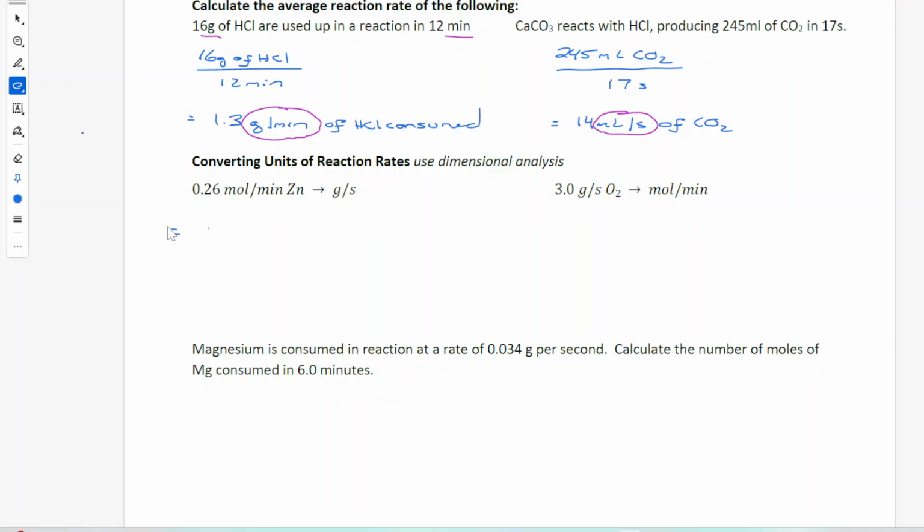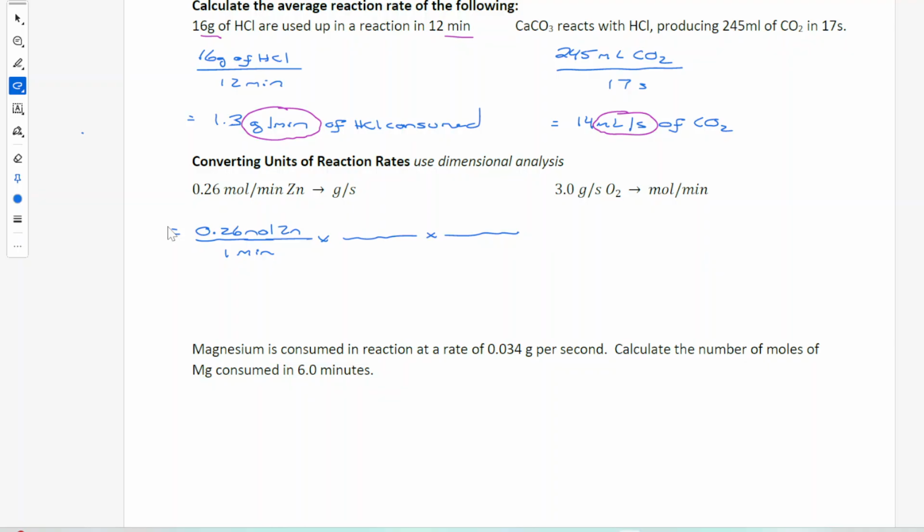So what we're going to do is set it up by putting 0.26 moles of zinc in 1 minute. And then we're going to convert our units. Now I'm going to do this in one big dimensional analysis. If you wanted to do it in 2 separate steps, that would be fine as well. But the first thing I'm going to do is convert my moles.